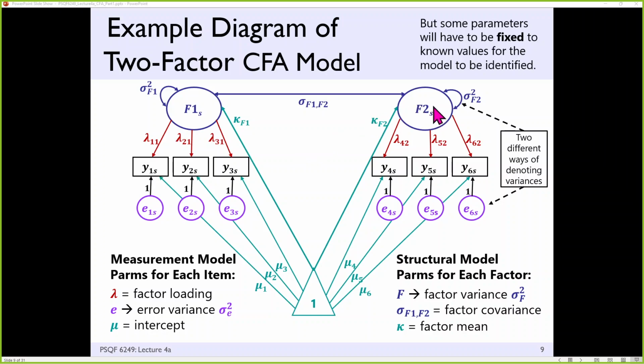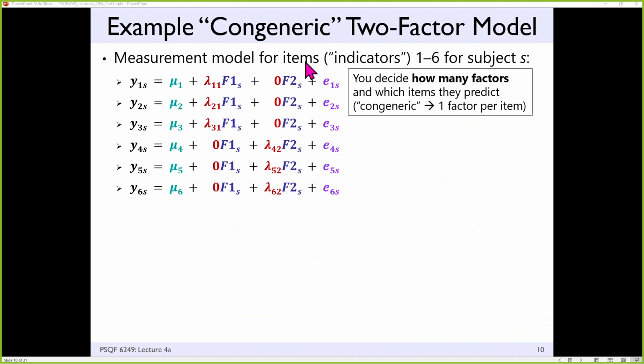There is no factor loading from F2 over to 1, 2, or 3. So that's why these are zeroed out right here. This set of zeros here and here is a choice. That's what makes this model differ from exploratory factor analysis, where every item has a loading on every factor, and you cannot change that. In addition, it has a crazy set of constraints to make it identified, given that that's the fact. So this is the testable part of the model.